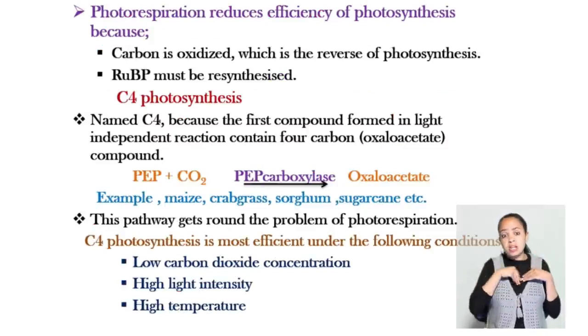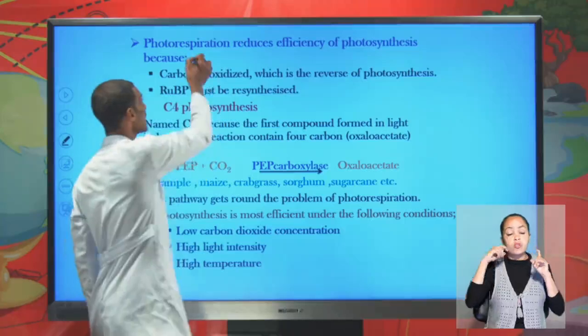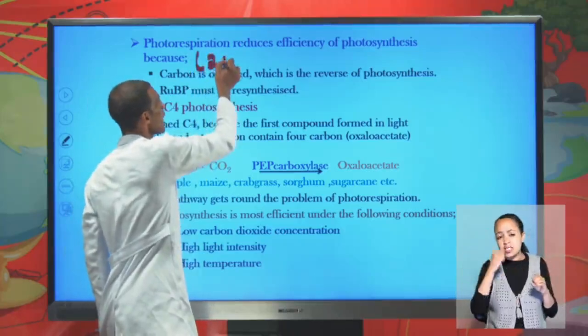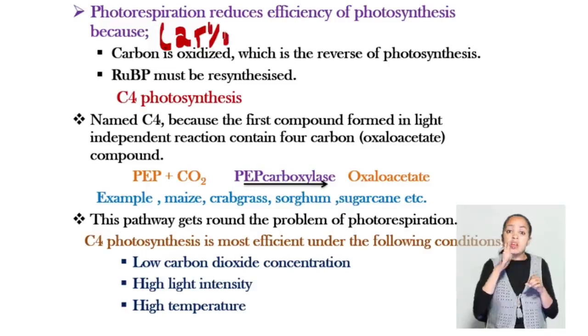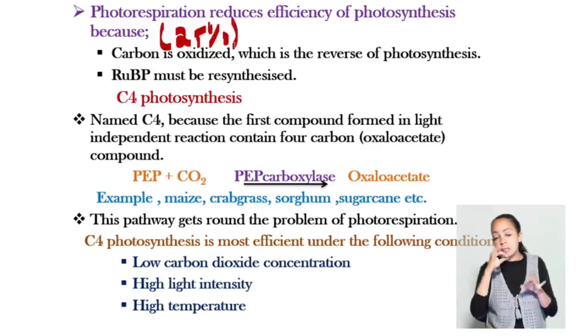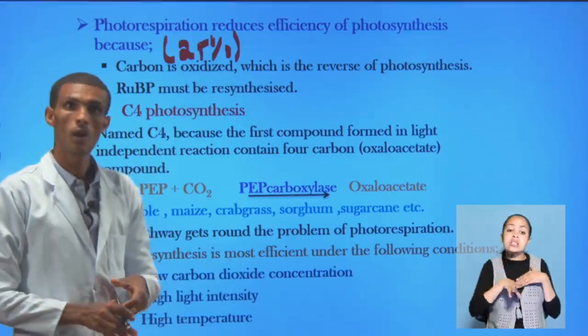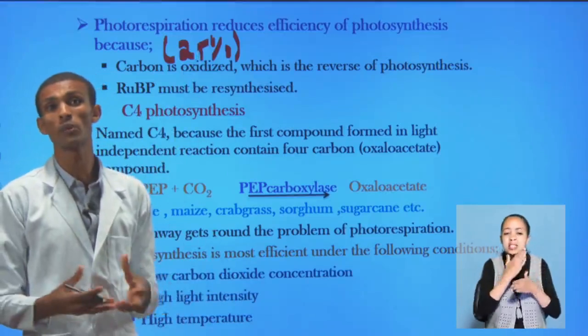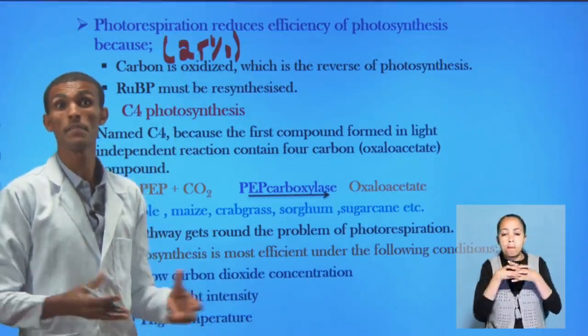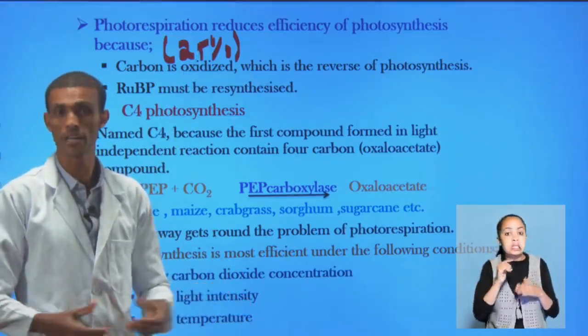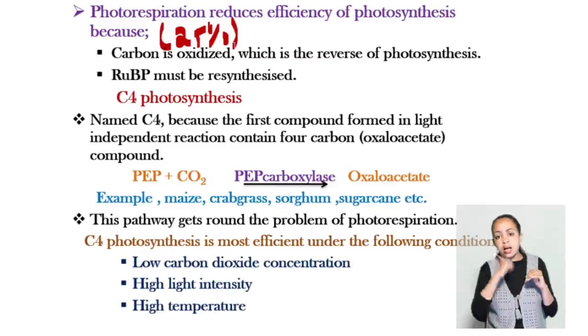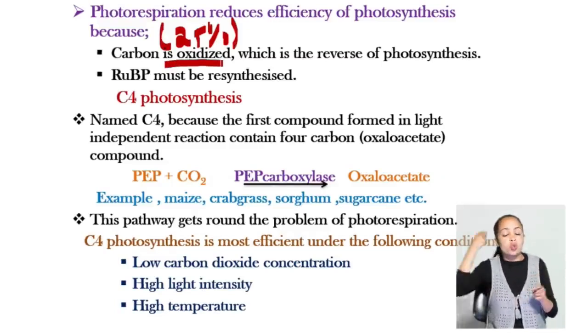Photorespiration reduces the efficiency of photosynthesis by about 25% compared to other plants, because of the following two reasons. By the way, when certain compounds react with oxygen, it doesn't mean it is a reduction reaction. Rather, it is considered an oxidation reaction, which is the reverse of photosynthesis.